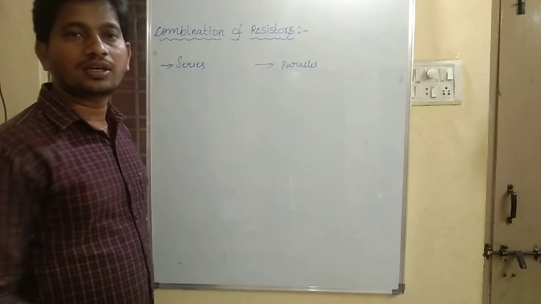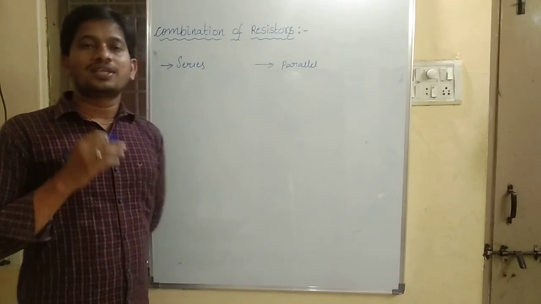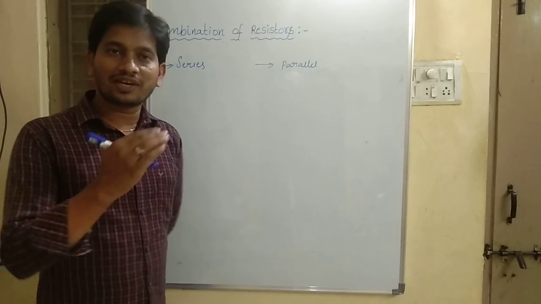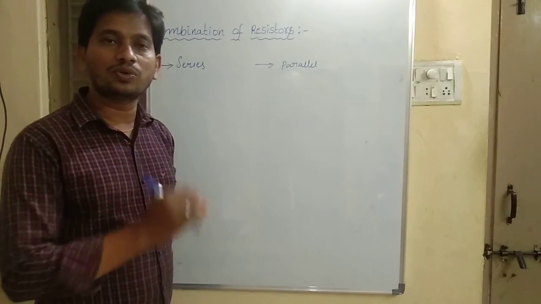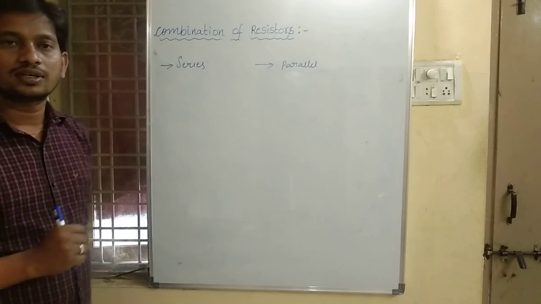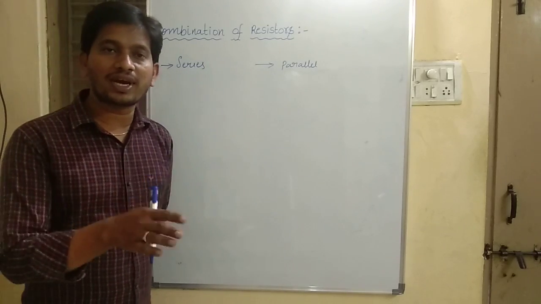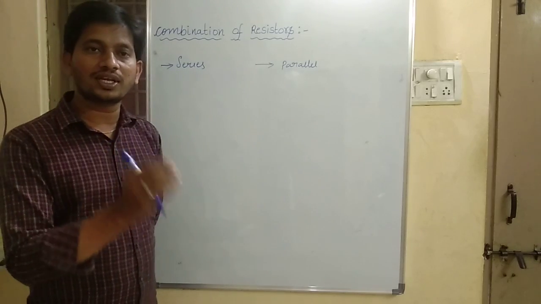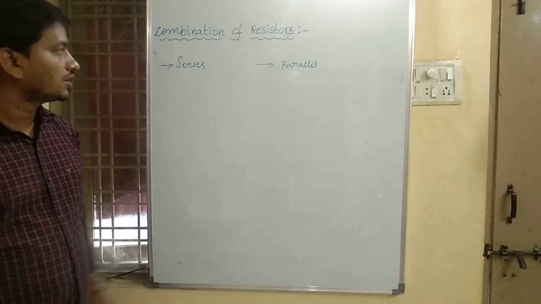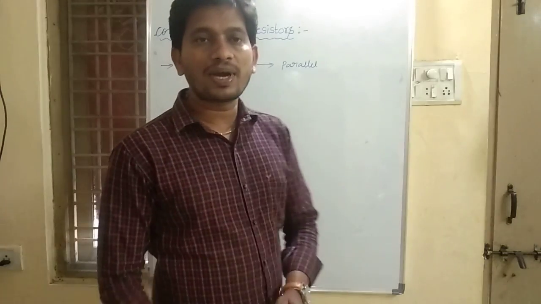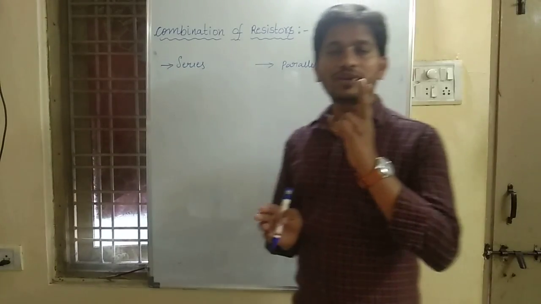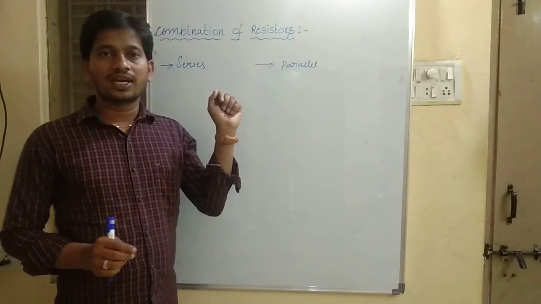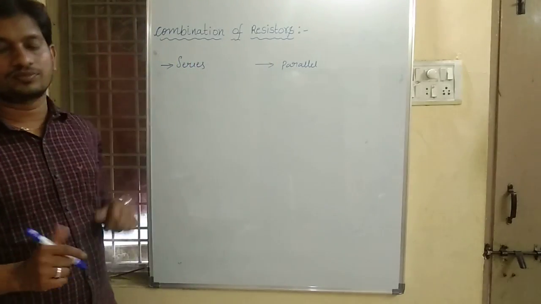In televisions and radios, we combine two or more resistors to get the required amount of current in the circuit. Thus we can combine resistors in two different ways: series and parallel.